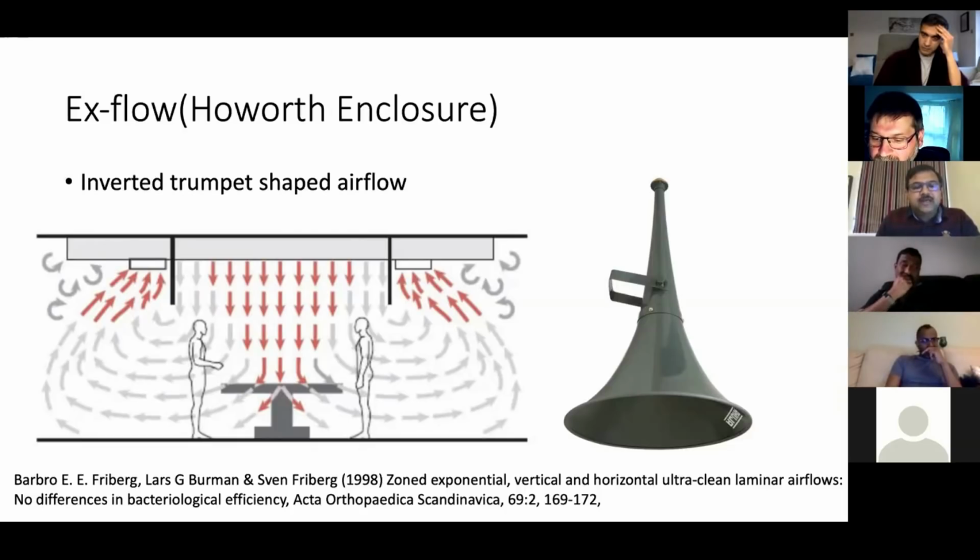And all the air which hits the patient and then flows out, that is the idea of Howorth flow. Now, these are ideal situations. These pictorial diagrams show how exactly the flow must behave.